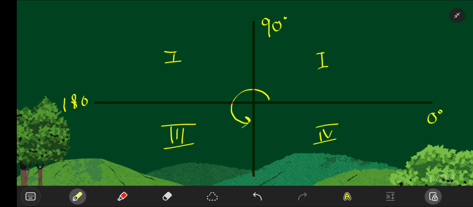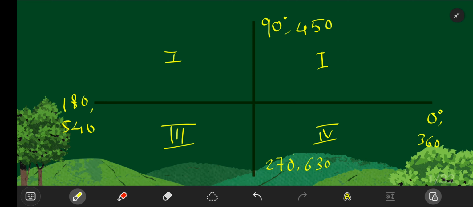If you add again 90 degrees, it becomes 270 degrees, 360 degrees, 450 degrees, 540 degrees, 630 degrees, 720 degrees, 810 degrees, 900 degrees, 990 degrees, and so on.